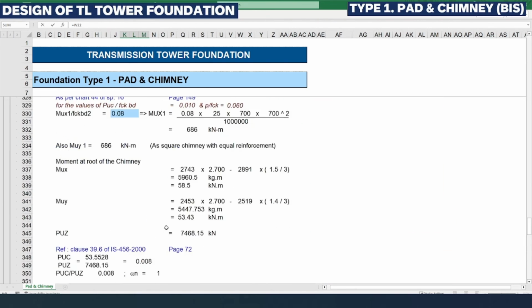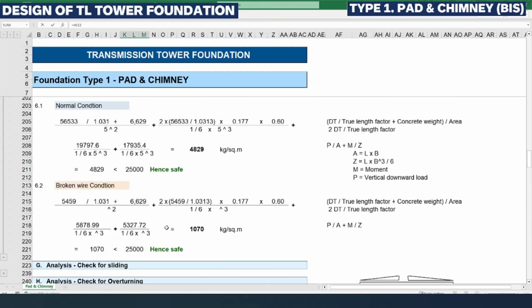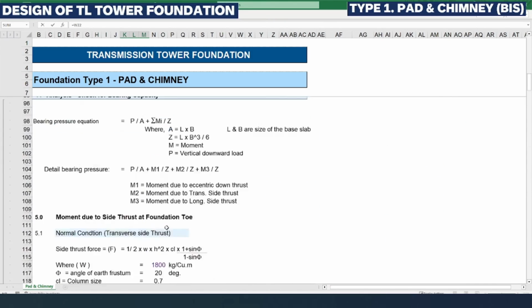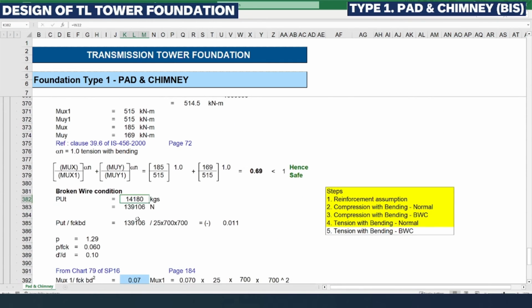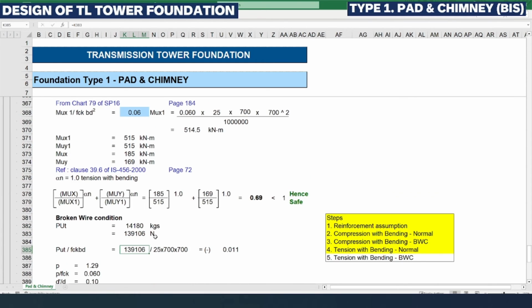So for the broken wire condition we need to take this Put, that is the tension value as per the broken wire condition case. Here you can see that 11,817 is the broken wire condition uplift force, that is the tension force, which we are converting into Newton by multiplying it by 9.81. And the same procedure as for the normal condition we are applying here.